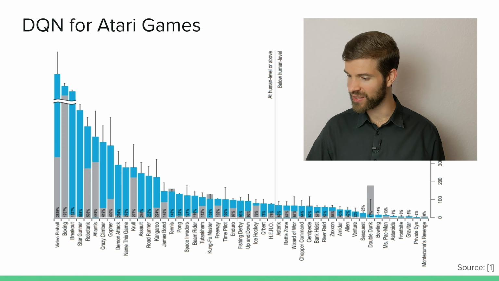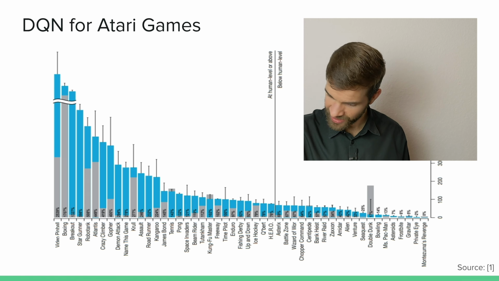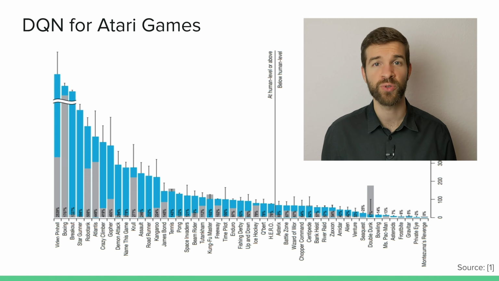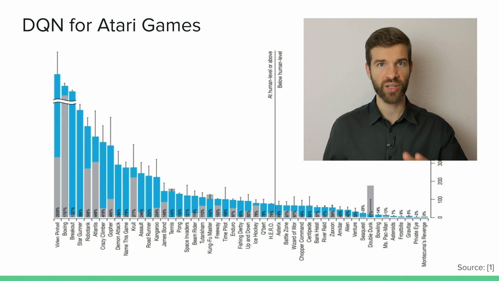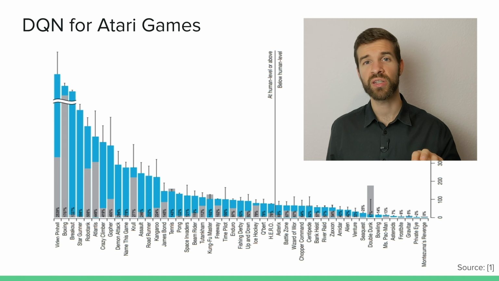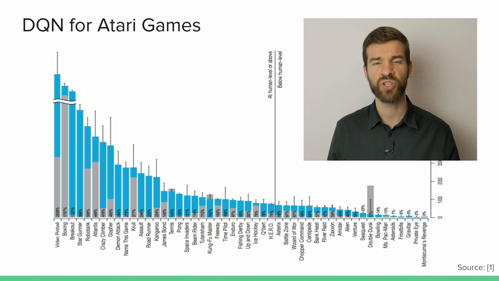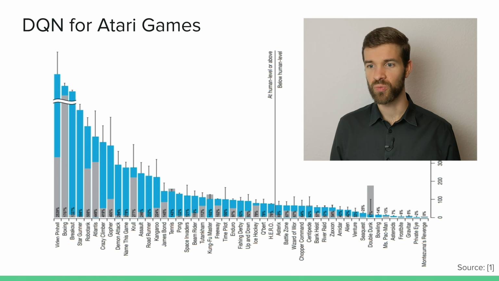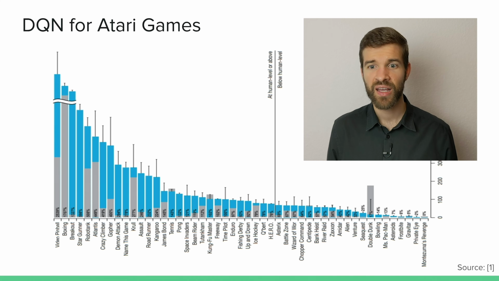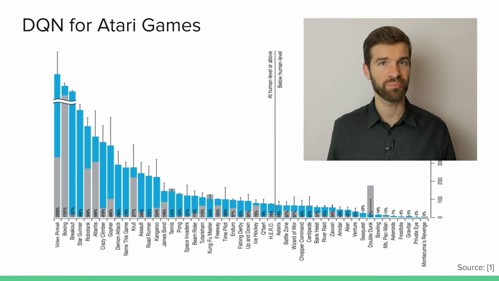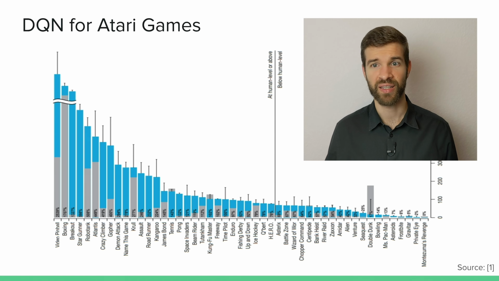One example here would be the end of this thing here. You can see Montezuma's Revenge, which is a jump and run game where you have to jump around and find a key, and then with that key you can, I think, open a chest or something, and that wins the game. So most of the actions that the computer takes will not see any rewards up until the point where it actually wins the game.